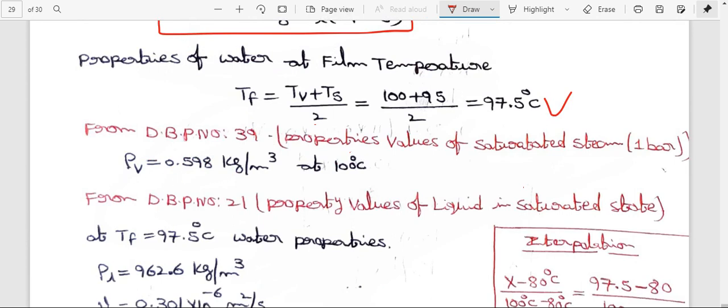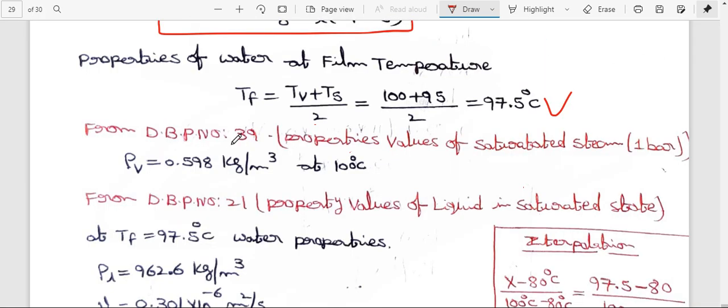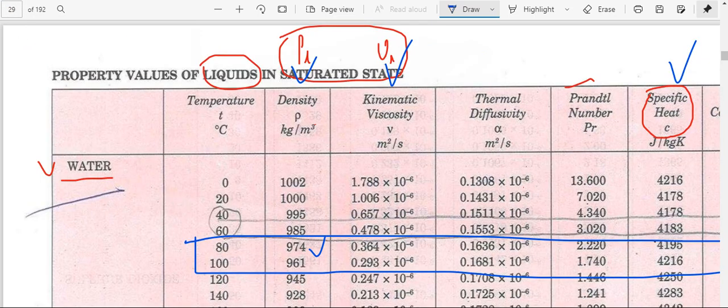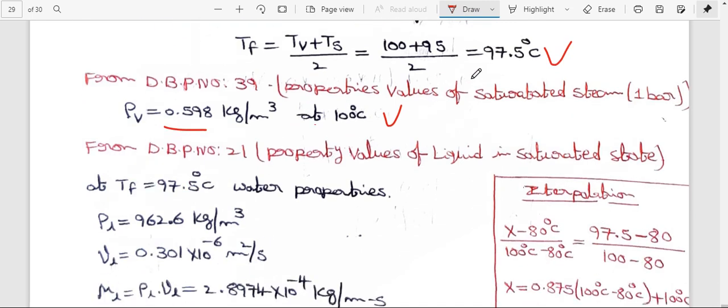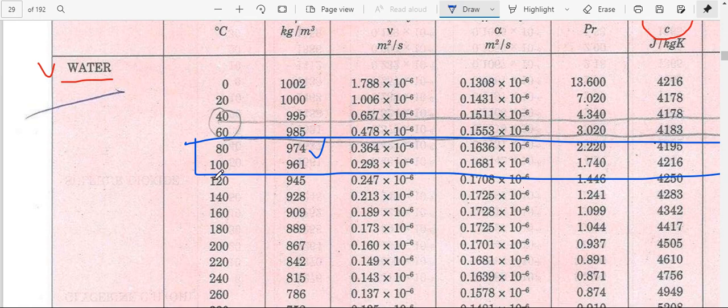So here rho V is equal to 0.589 at saturation temperature, that means vapor temperature is 100 degrees. From the film temperature we have to consider water. What is the film temperature? 97.5. We have to interpolate between 80 to 100 like this.